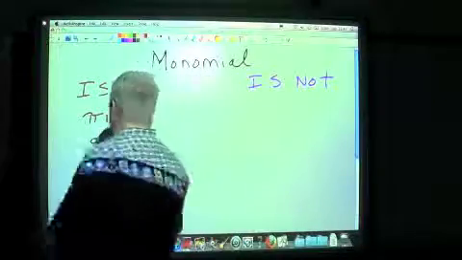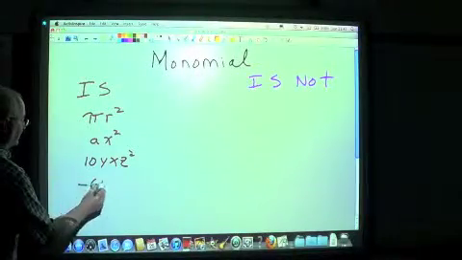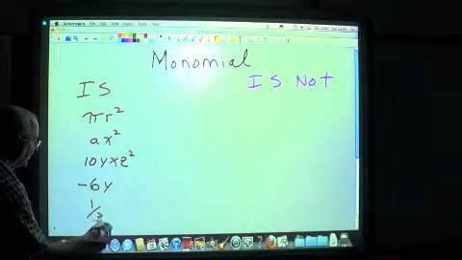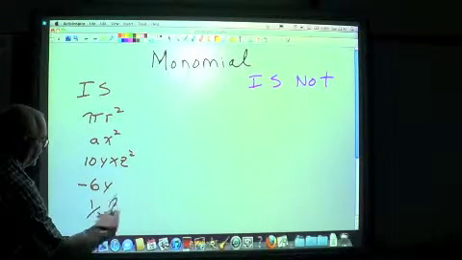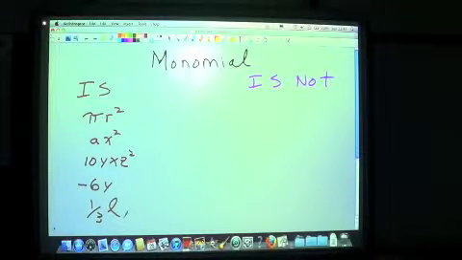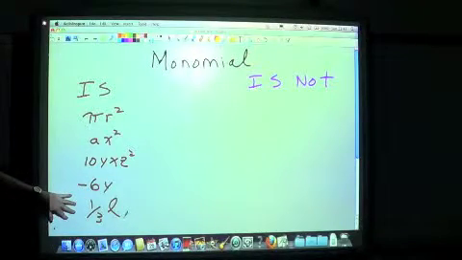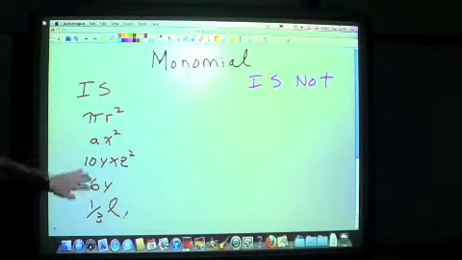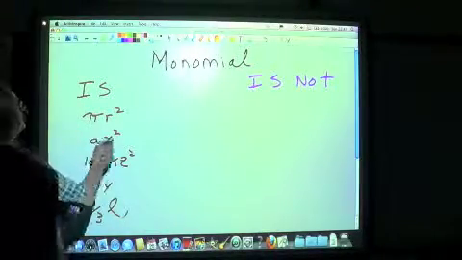We could also have negative 6y. You could have 1/3 L. Okay? All of these would be monomials. There's lots of different ways that we can describe monomials. But these follow the rules of monomials. This is what it is.